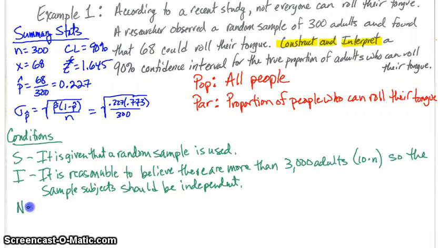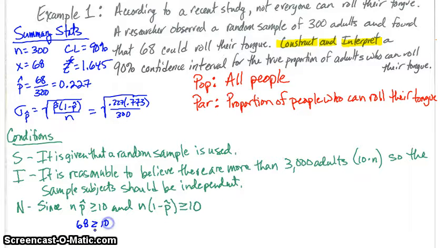And then N, and you need to show calculations for this, everyone. So I've got 68 is greater than or equal to 10. Bam. Yes, it is. And here I've got 232 is greater than or equal to 10. Yes, it is.